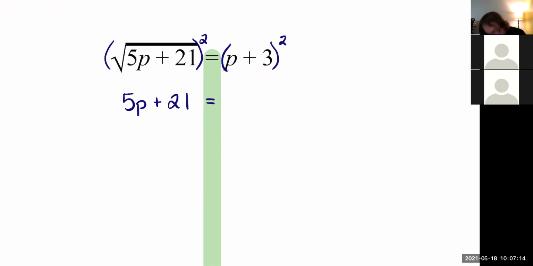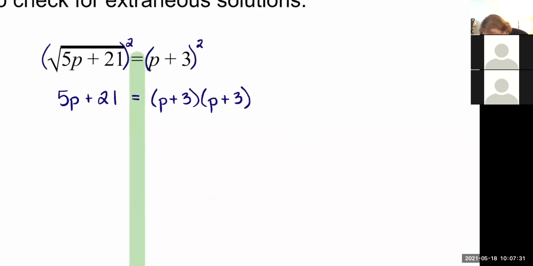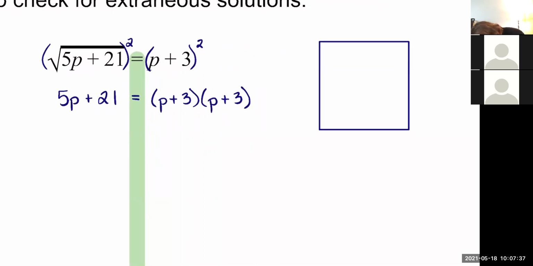On the right-hand side, we're squaring a binomial. So that is telling me that I am multiplying the binomial p plus 3 with itself twice. So p plus 3 times p plus 3. Off to the side here, I'll set up my little box.